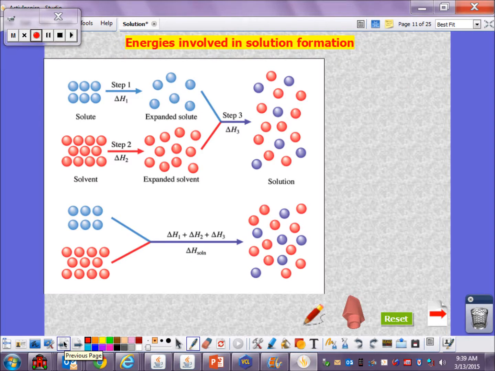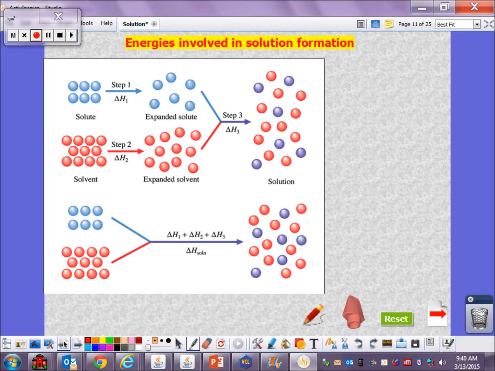Energy involved in solution formation. This is very important. We did not discuss it last year. Listen carefully. There are 3 steps in the formation of a solution. Number 1, the solute particles need to expand. That means you need to break the intermolecular forces between the solute.